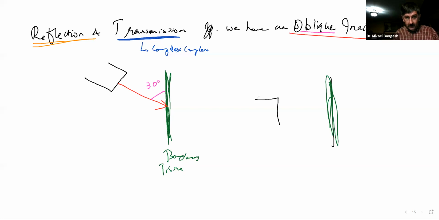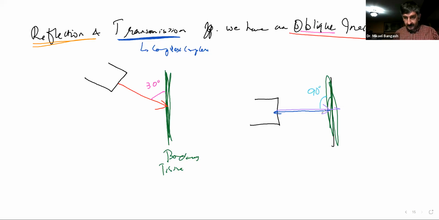To make a comparison, the same concept applies. But in a normal incidence, we had a 90-degree angle. And what we also saw back then was that it was going to be like this.